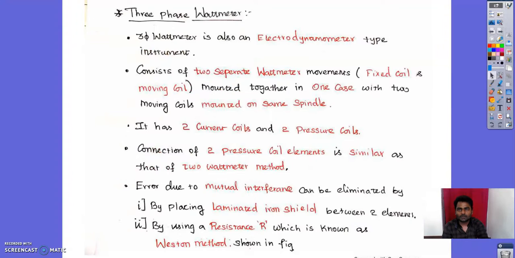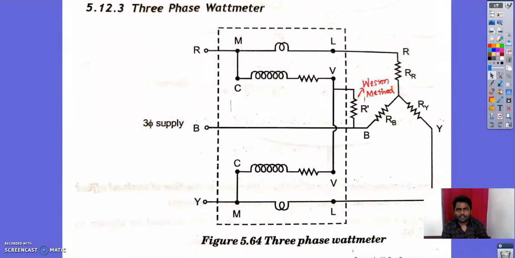Coming to three-phase wattmeter, it is similar to that of your 2 wattmeter method, and here is the diagram of your three-phase wattmeter method. So here one resistance is being connected. This resistance is used to avoid error in three-phase power measurement.